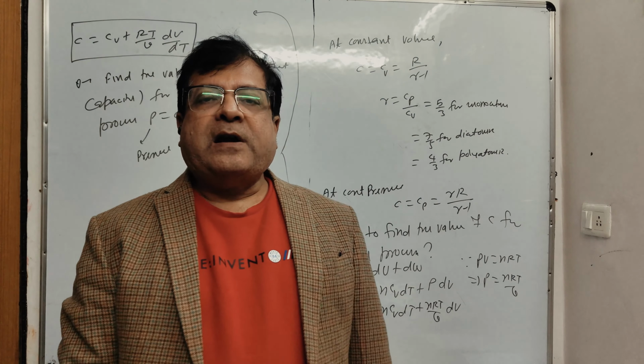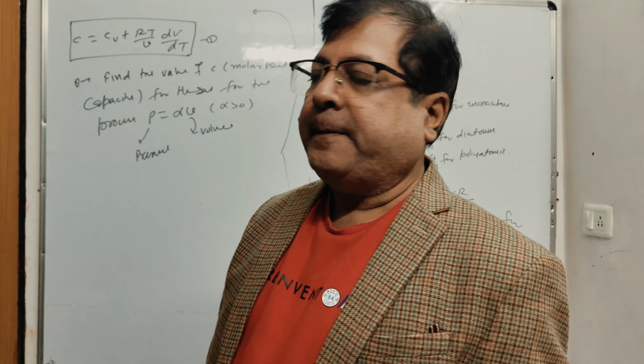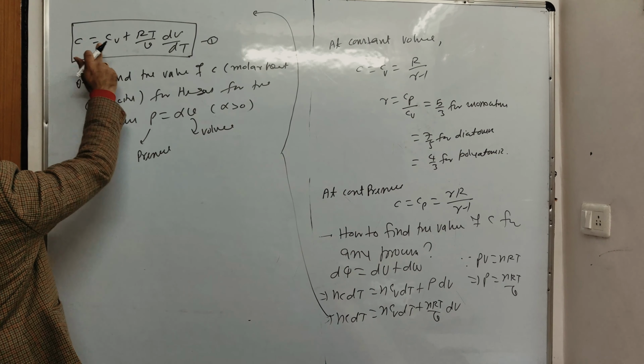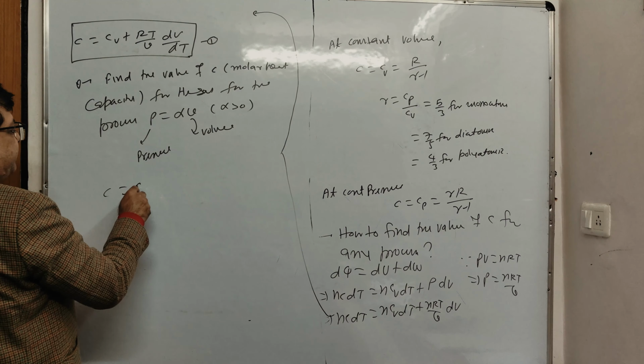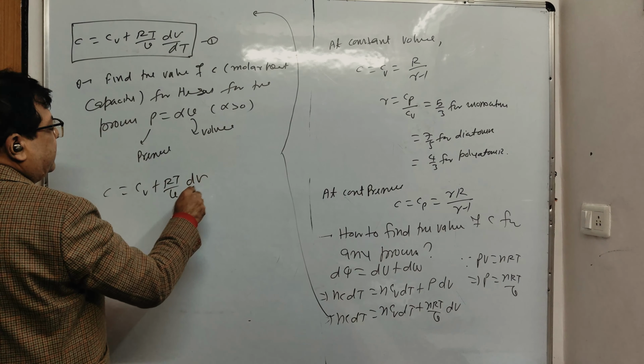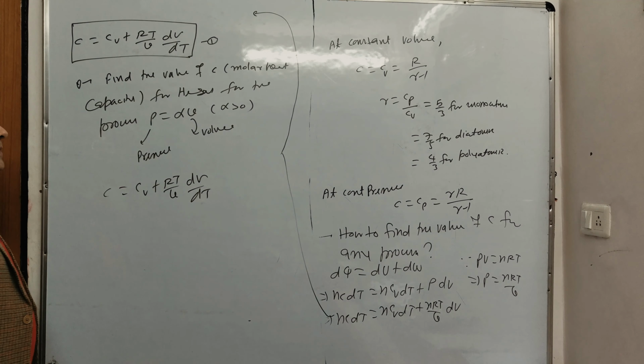For this process I want to calculate the value of C. So C is equal to Cv plus RT by V dV by dt.